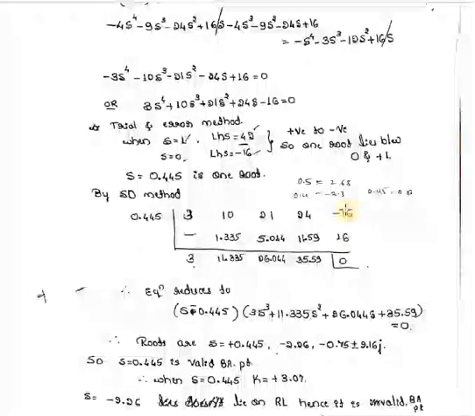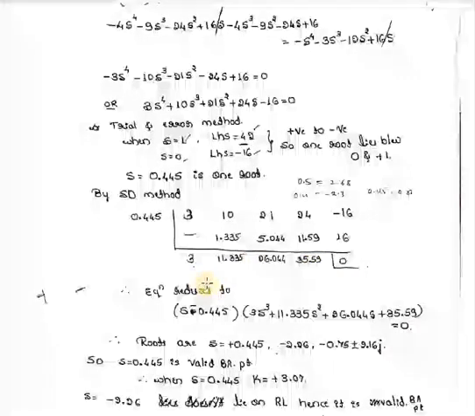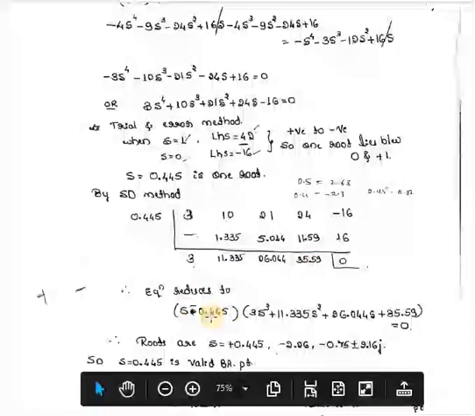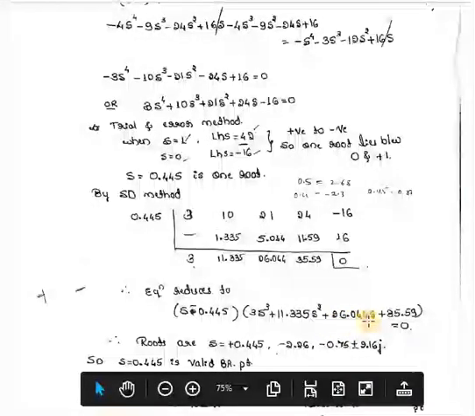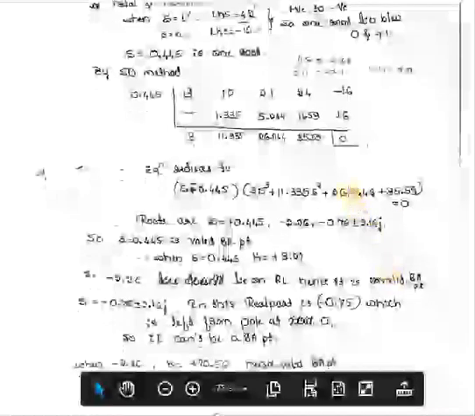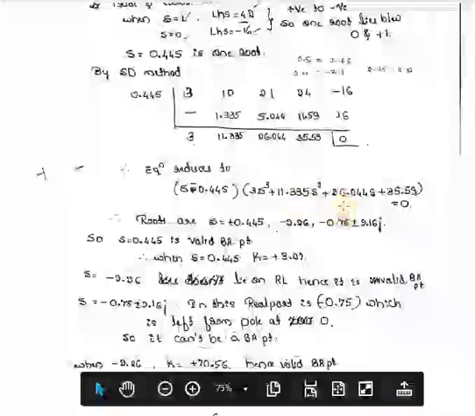So here it is with negative sign, so it will be 0. So now the equation is reduced to (s - 0.445) into (3s^2 + 11.335s^2 + 26.044s + 35.59) equal to 0. So now it is a third order equation, so you can easily solve with a calculator.